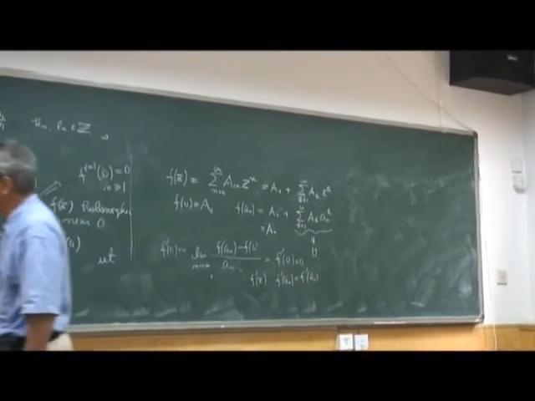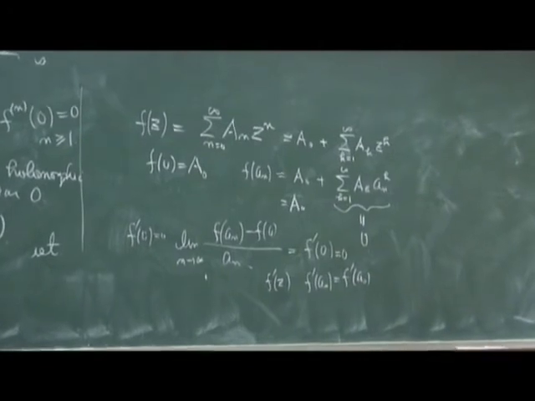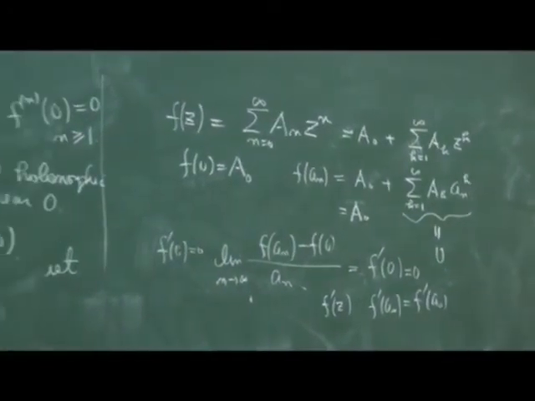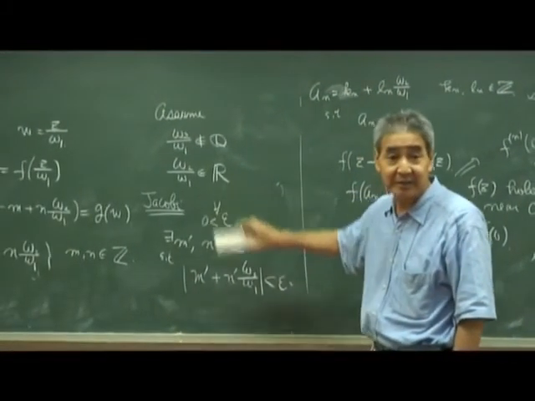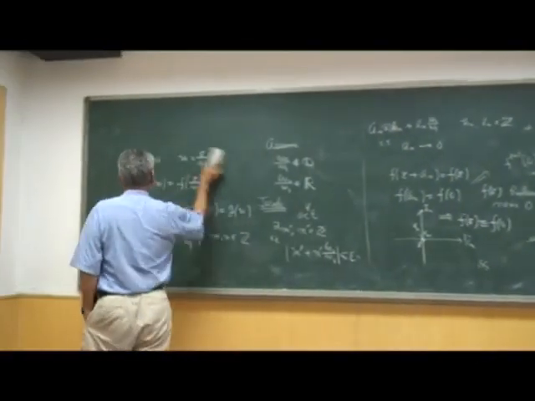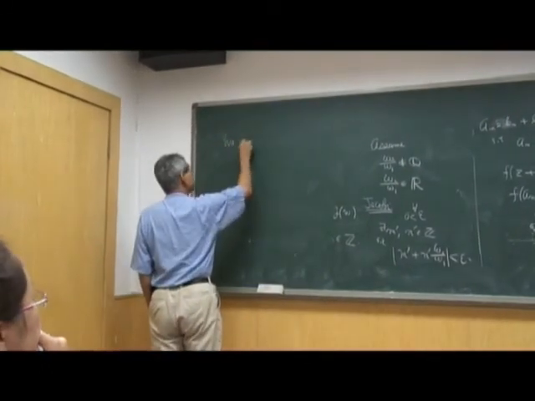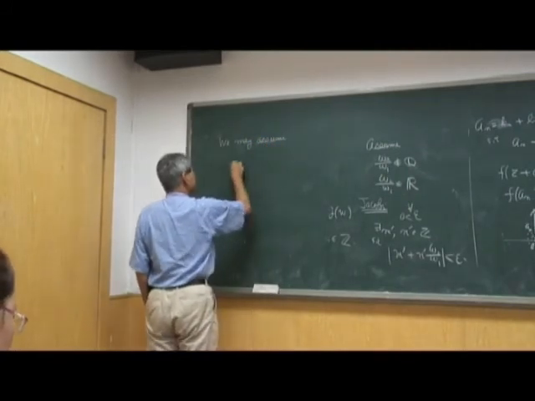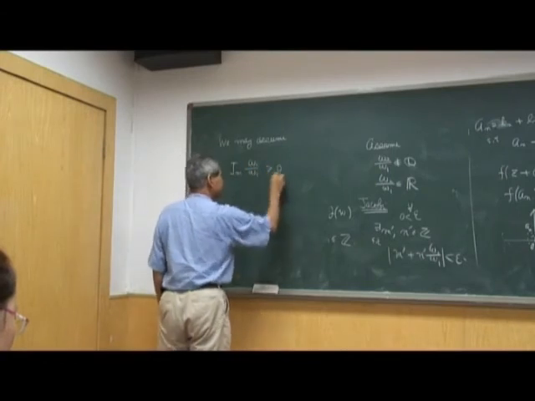Therefore, what Jacobi found is, if you have two independent periods, then the ratio should be a really complex number, not a real number. Therefore, we may assume the imaginary part of omega 2 over omega 1 is positive.